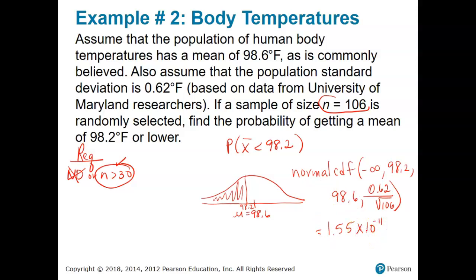Okay, so the calculator is going to give us this in scientific notation. If you wanted to convert it, you could. Okay, so this is what it would look like.